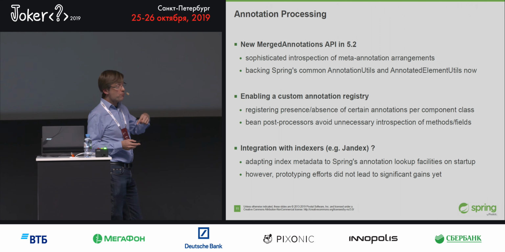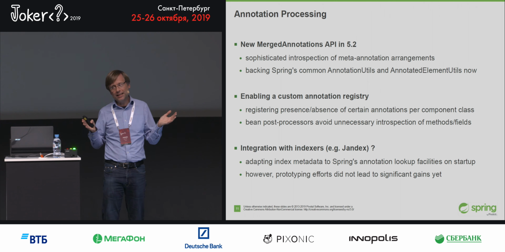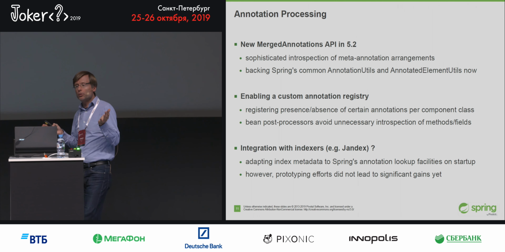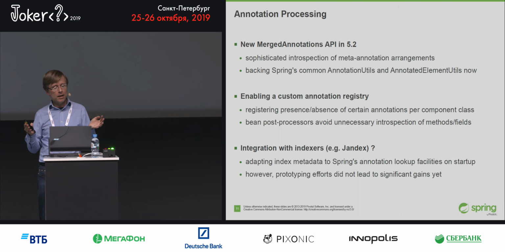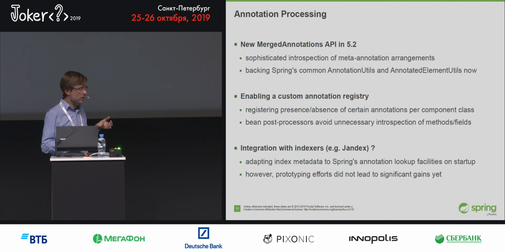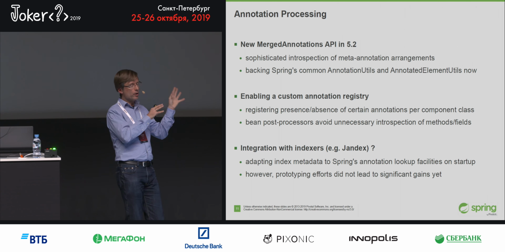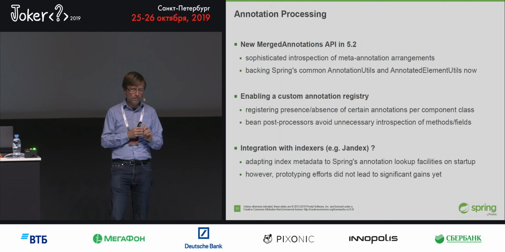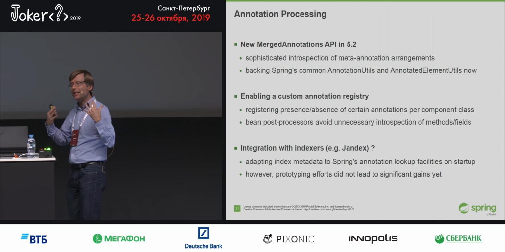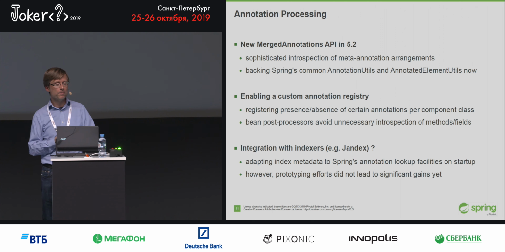In 5.2, we re-implemented basically everything. The entire annotation retrieval algorithms have been revisited and now have a new surface called the Merged Annotations API, specifically tuned for annotations according to the Spring annotation-based model. So it's very capable of efficiently introspecting composed annotations in particular.